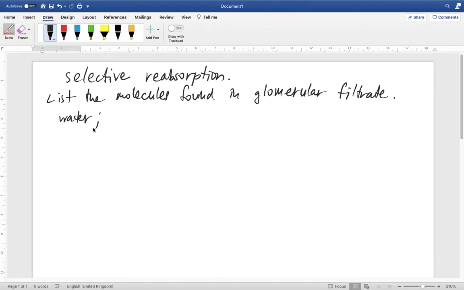So some of those smaller molecules are going to include water. That's an easy one because we all know that's what you find inside your urine. You also have this substance called urea. And again, if you're not sure where that comes from, then you should go and have a look at the introduction to urinary system PowerPoint, because it explains the origin of urea. So it's water, urea, it's also glucose, which is small enough to get through.